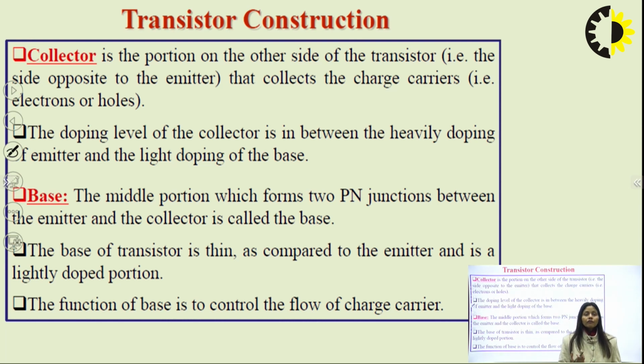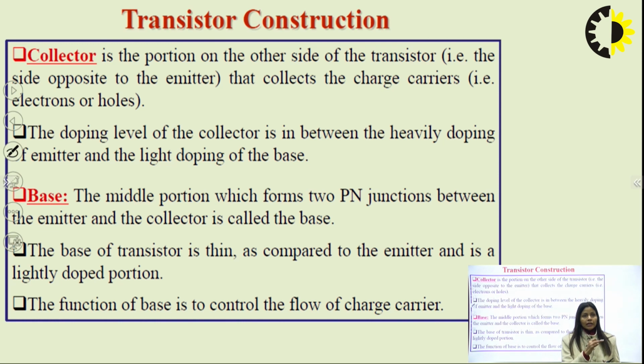The doping level of the collector is in between the heavy doping of the emitter and the light doping of the base. That means it is lightly doped in comparison to the emitter region, right?